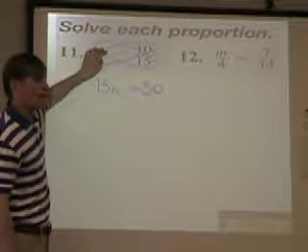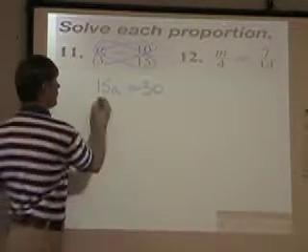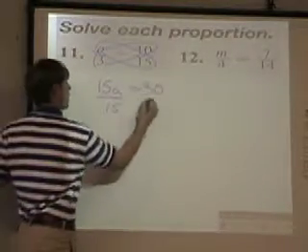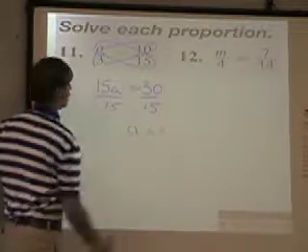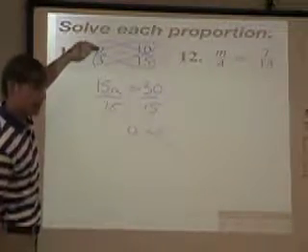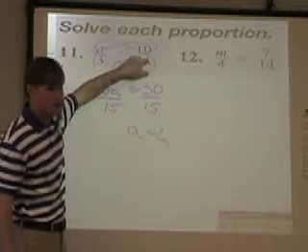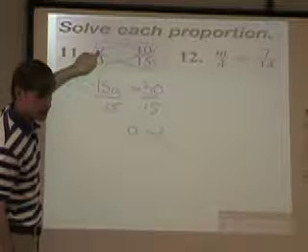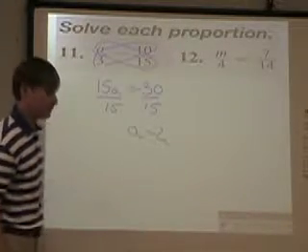They want us to make them proportional, so we got to find out what A will be for them to be proportional. Divide 15 on both sides. So A equals 2. So if I put 2 here, they're saying that if I reduce 10 over 15, it will equal 2/3. Is that true? Yes, 10 divided by 5 is 2, 15 divided by 5 is 3.